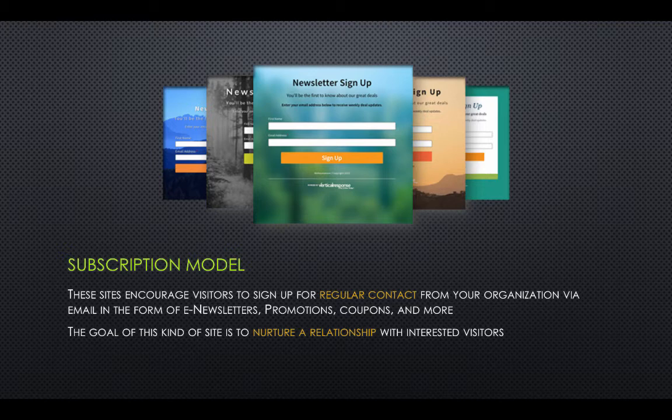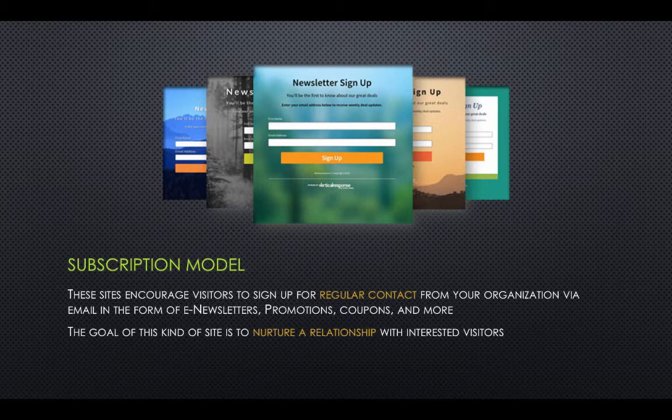So they have expressed interest in your product or service, and you're not necessarily trying to even sell anything, although that's probably the ultimate long-term goal, but it might be that they're signing up for a newsletter. So every month or every week, a newsletter goes out with updates about what's happening at the organization, any sort of events or things that they might be interested in.